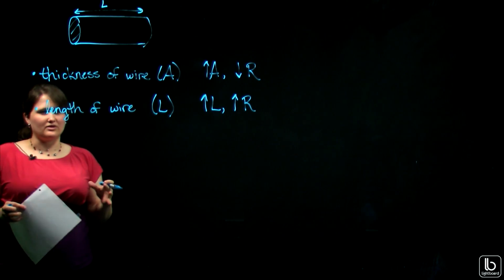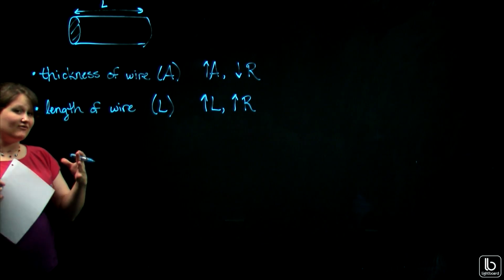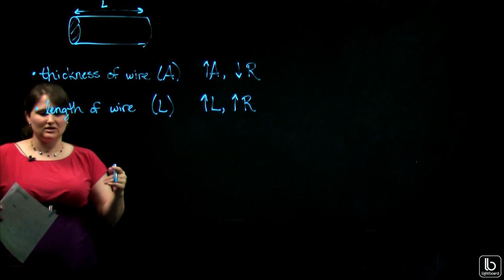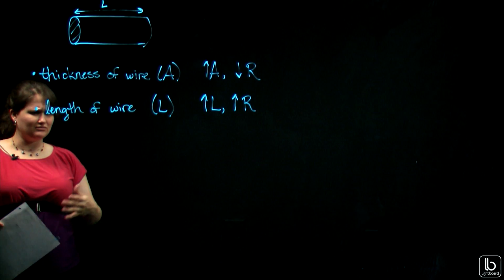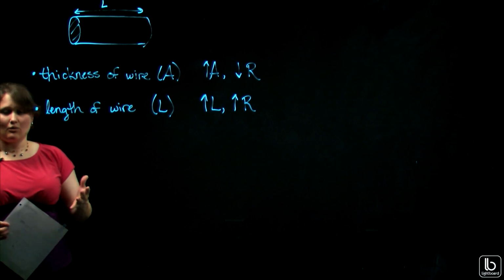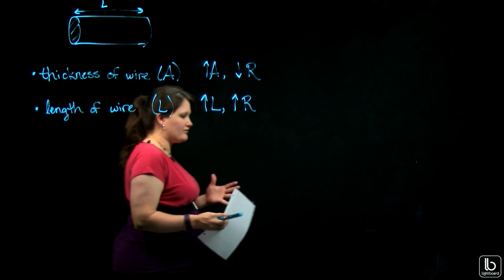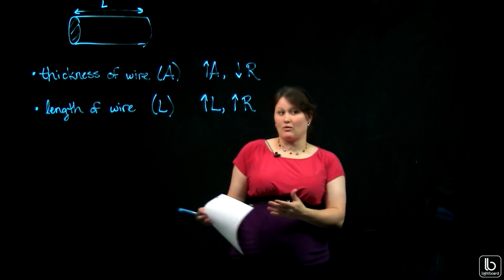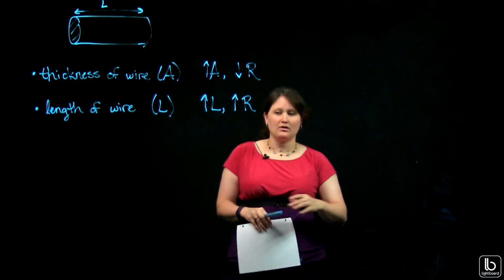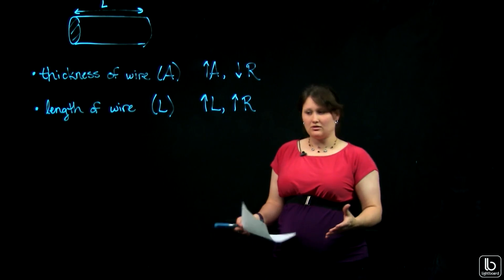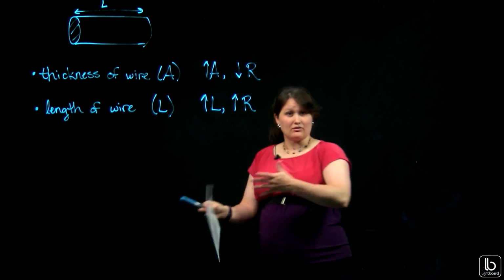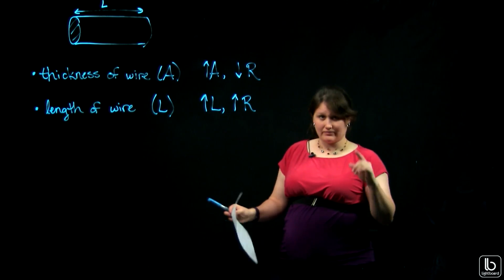So there are two other things that I want to mention that actually affect resistance. And it may seem overly simplified, but where is current going to flow better? Is it going to flow better through a rubber wire or through a copper wire? I mean, the material itself matters, whether I'm an insulator or a conductor or somewhere in between, semiconductor.